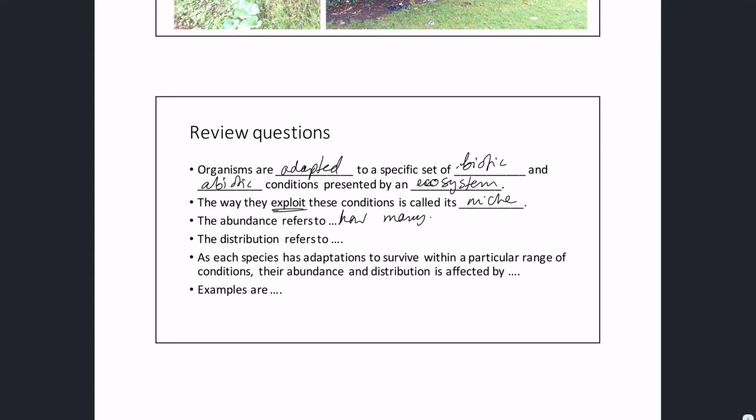The distribution refers to the location, or where. As each species has adaptations to survive within a particular range of conditions, their abundance and distribution is affected by those conditions.